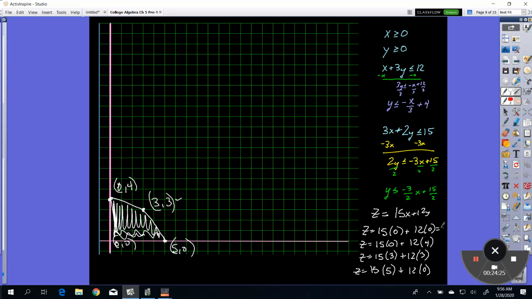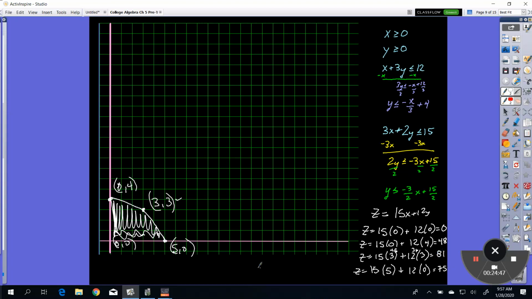So 0 times 0, anything is 0, so that's just 0 plus 0. 15 times 0 is 0, 12 times 4 is 48. 15 times 3 is 45. 12 times 3 is 36. 45 plus 36 makes 81. 15 times 5 is 75.